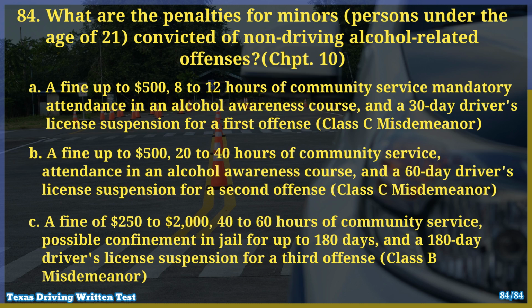B. A fine up to $500, 20 to 40 hours of community service, attendance in an alcohol awareness course, and a 60-day driver's license suspension for a second offense, Class C misdemeanor. C. A fine of $250 to $2,000, 40 to 60 hours of community service, possible confinement in jail for up to 180 days, and a 180-day driver's license suspension for a third offense, Class B misdemeanor.